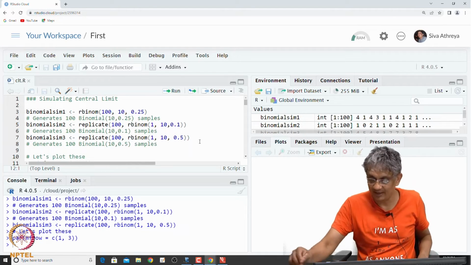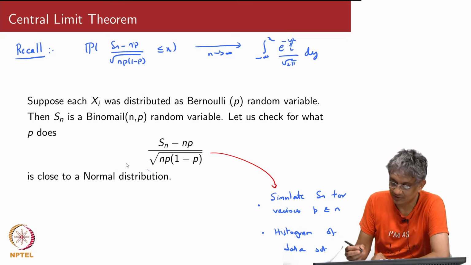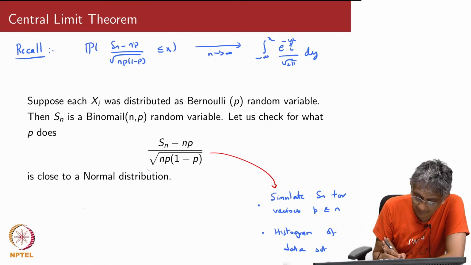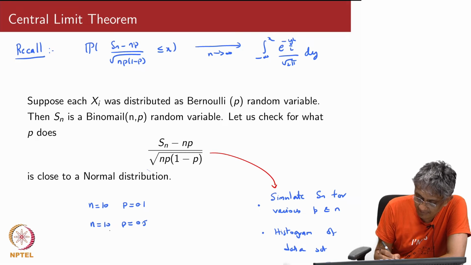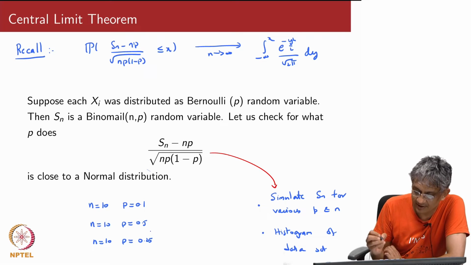Okay, let me go back to the slide. What I am doing here is taking n equal to 10 with p equal to 0.1, n equal to 10 with p equal to 0.5, and n equal to 10 with p equal to 0.25. These are the three things I am generating.